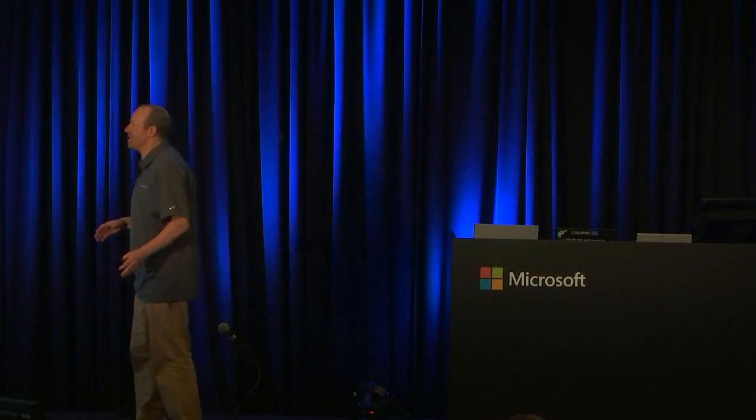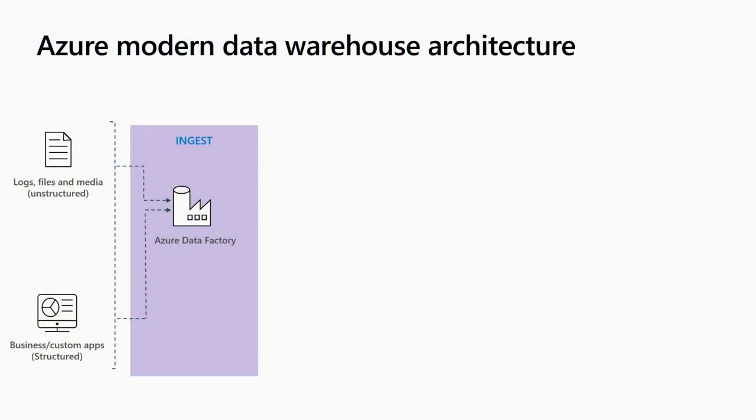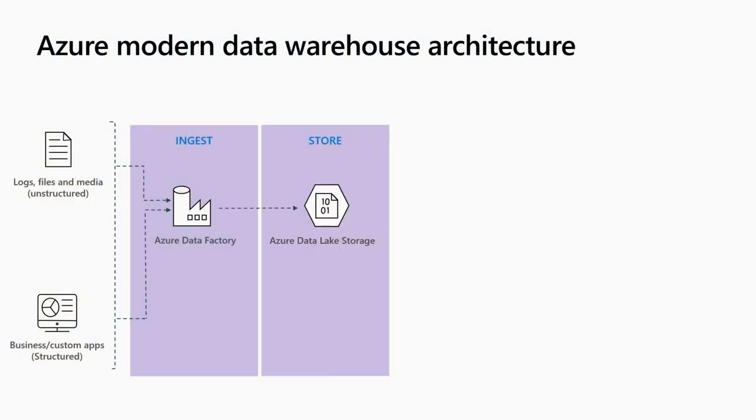So what do we do? At the beginning, we take our operational data and we basically ingest it into the system. Normally, the component that we recommend to use for that is Azure Data Factory. And then we store the data somewhere. Now, that's basically where the storage part of the data lake comes from. So that's why we offer you Azure Data Lake Storage Gen 2 right now, as a storage solution.